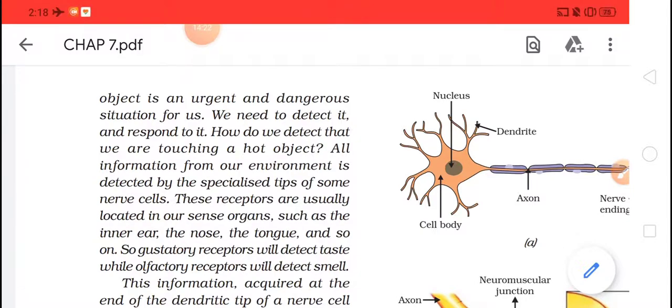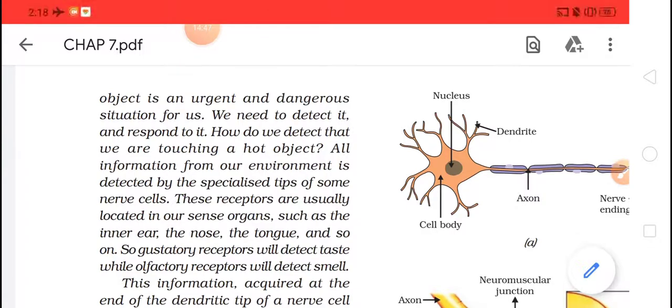What are receptors? Receptors will receive the information, and it will be carried to the brain.